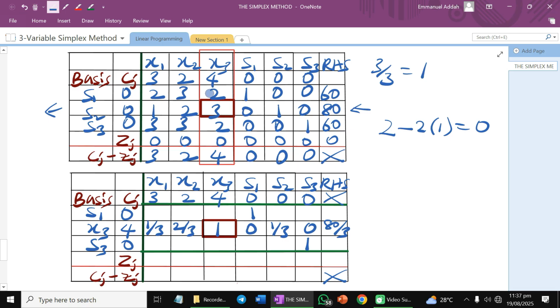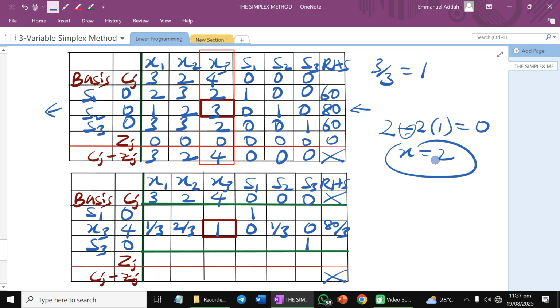The sign of this point determines this sign as well. If it is positive, then here will be minus. If this is minus, then there will be plus, because we want to achieve 0 value here. So when I come here, here should be 0, because 2 minus 2 times 1 is 0. Our factor here, I call it x. X is equal to 2. As we are dealing with this row, our x is equal to 2.